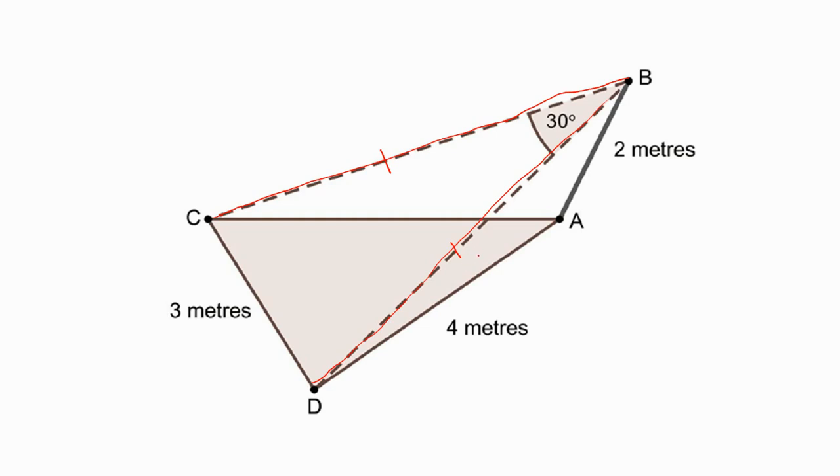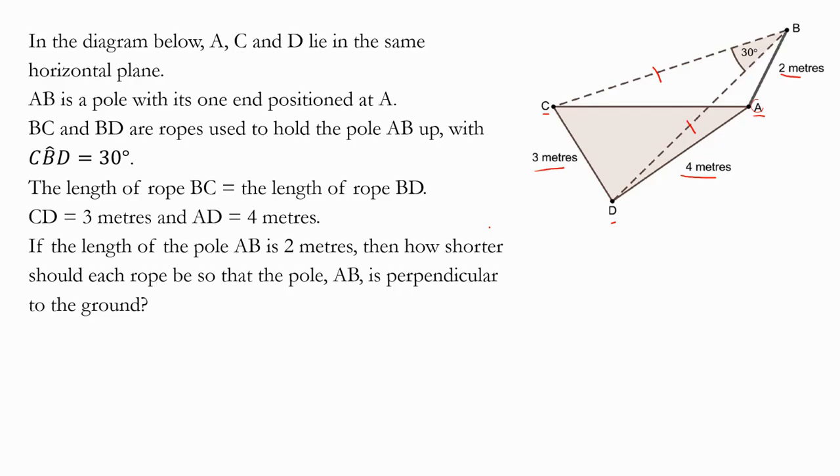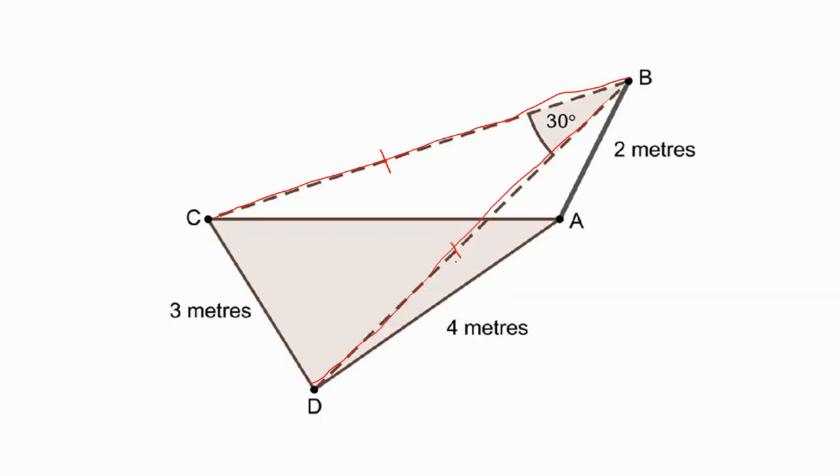And then we find the difference because the question says how shorter. So it means the actual length of the ropes is actually longer than the length we're going to get when we use the Pythagoras theorem. Is that clear? Okay, maybe let's go to the calculations. It's going to be clearer when you do the calculations.